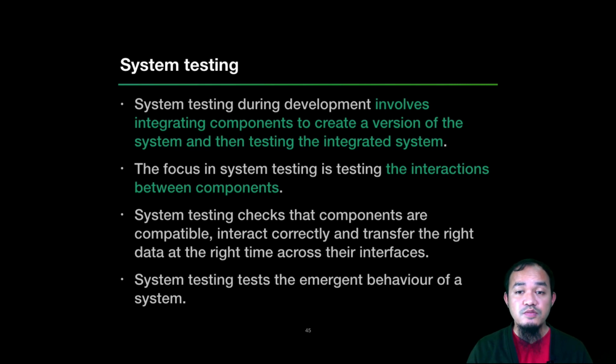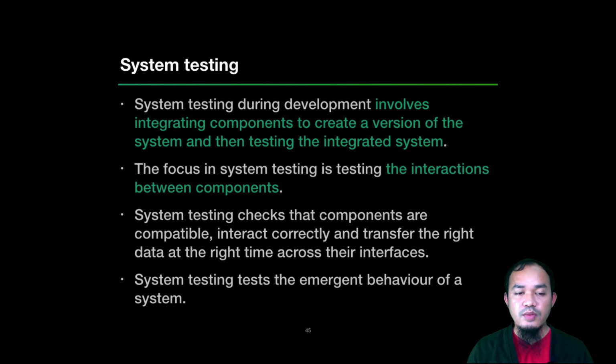So we have to make sure that the integrated components work well according to the specification and requirements. The focus of system testing is testing the interaction between components. The components provide the interface.